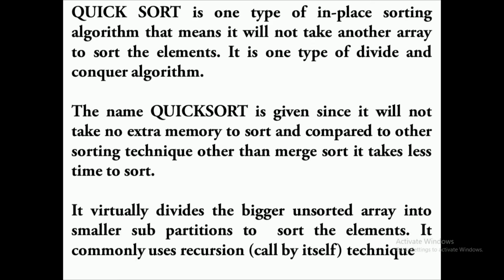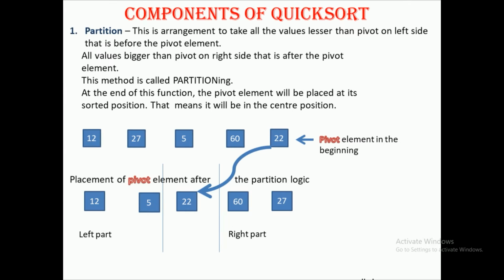What components will we use in the quicksort process? The first one is partition. This is the arrangement to take all the values lesser than the pivot value. Pivot value means one important element or important value in the array, that we will make the assumption.